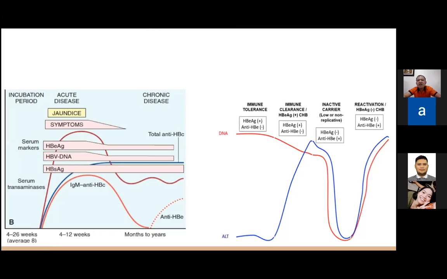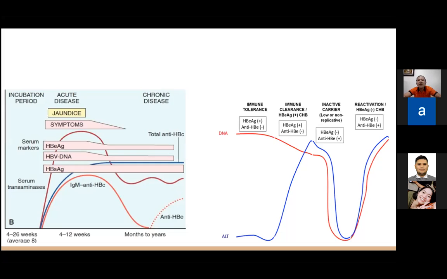The other one is reactivation. What's common between the two, the inactive carrier and reactivation, is that both are positive for anti-HBe, negative for HBe antigen, and both still positive for HBsAg.